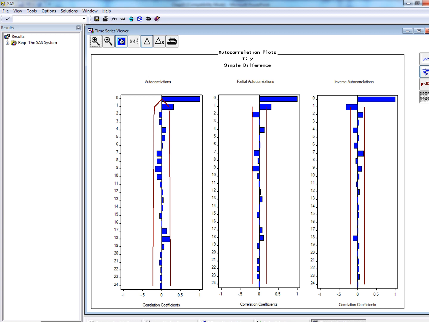But for the sake of this lecture, I'm going to stick with what I'm seeing, which is a farther drop off between 1 and 2. I'm looking at that 1 to 2, and then onward it's like a dying down in the SPAC. And in the SAC, I'm seeing a pretty high bar at 1, and then it just looks all close to 0 from then on out, as a moving average model of order 1.